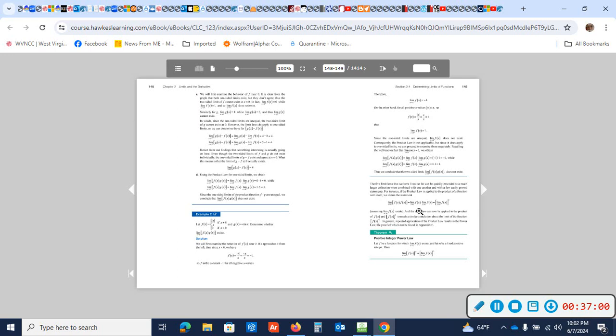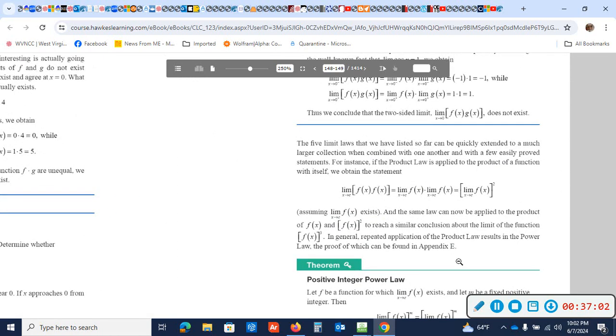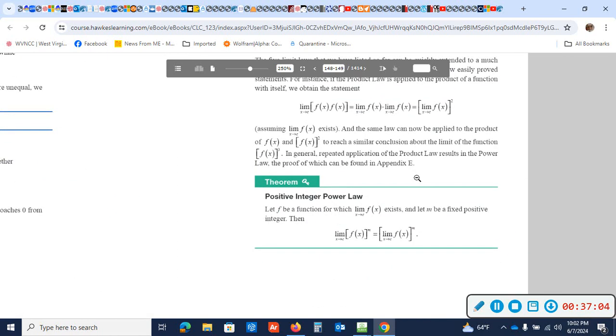There are more examples. If you repeat the product rule, you get the positive integer power law. You could imagine multiplying a function by itself, or by itself, by itself, by itself.